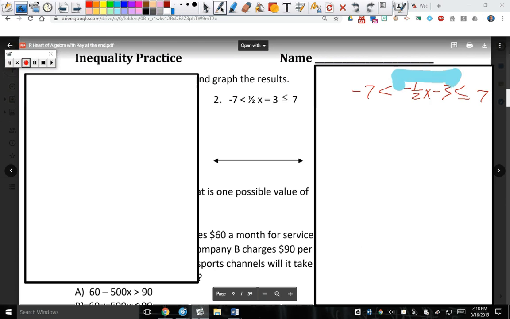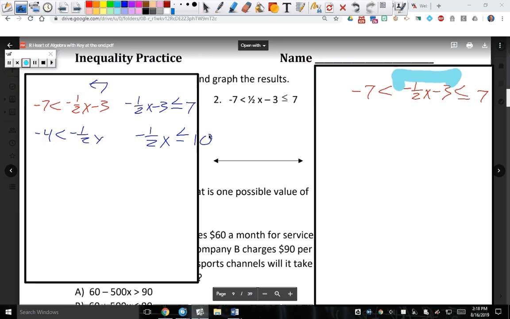I want you to concentrate on this, because people who aren't as confident on these will end up doing this twice. They will add 3. They will add 3. You with me? And what would they do next? Multiply both sides by what? Negative 2. So you have to flip.